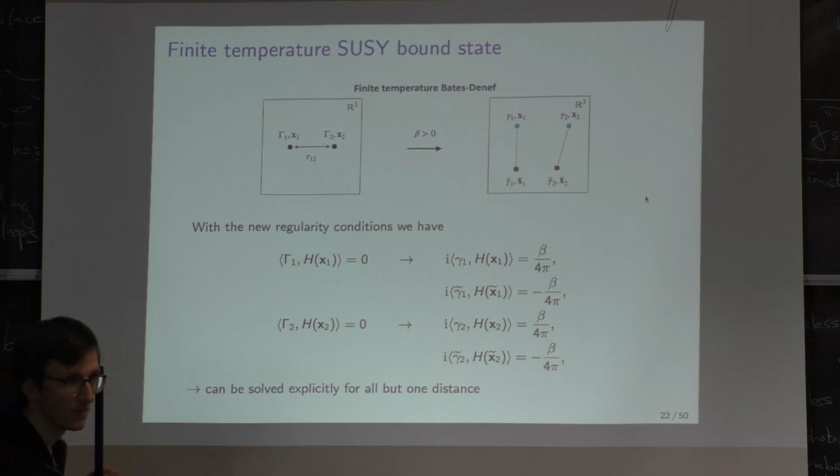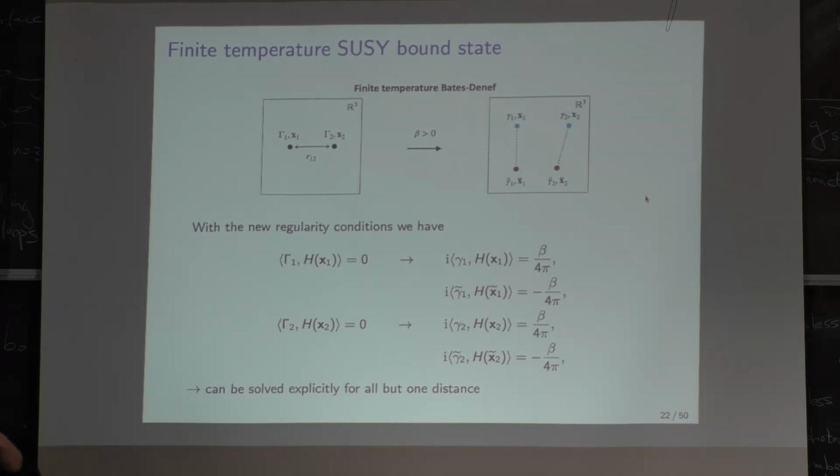I'm probably too naive, but when you turn on temperature, why can you still choose the scalar? Because of finite temperature, the scalar, I think, gets a mass.